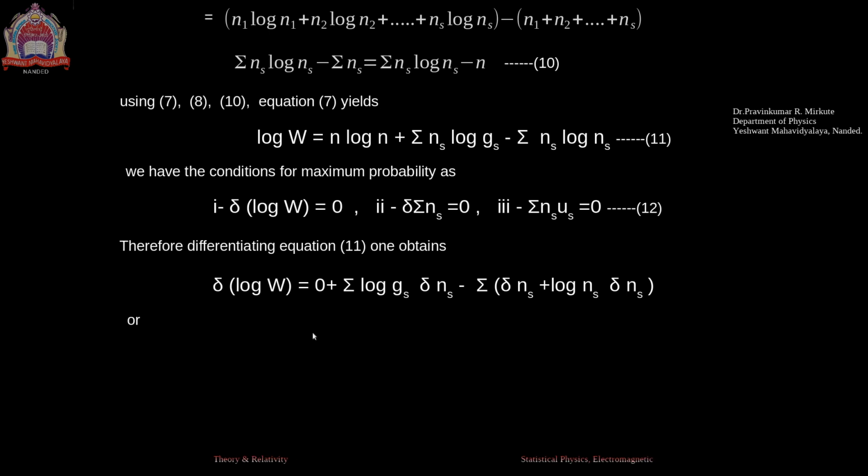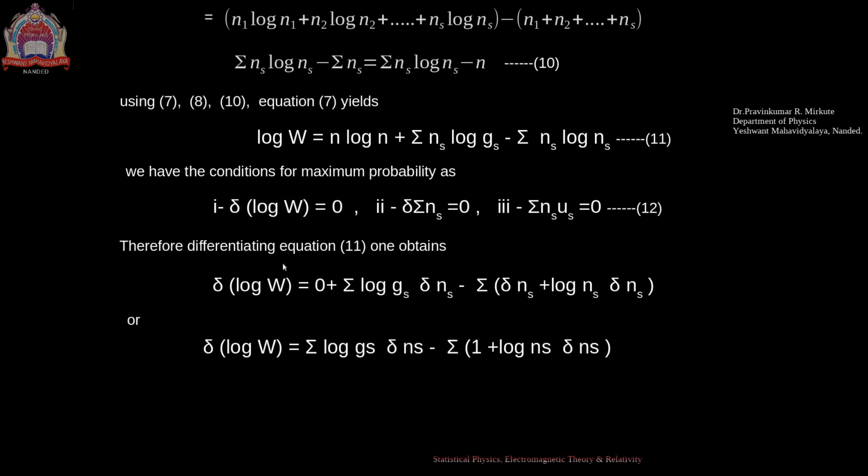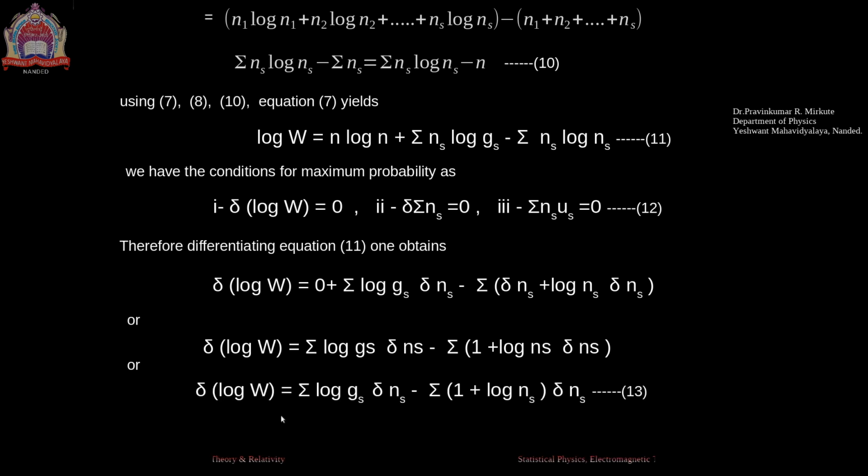Or we can write this equation like this: del log W is equal to summation log gs, the prior probability, del ns minus summation 1 plus log ns del ns. Or del log W is equal to summation log gs del ns minus summation 1 plus log ns del ns, equation number 13.